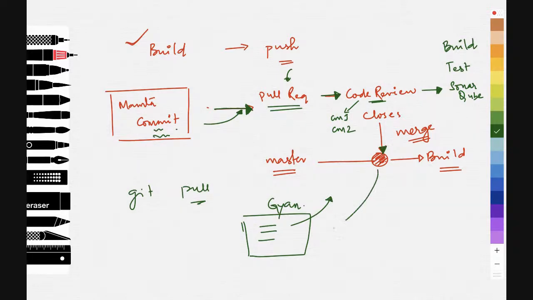You first need to pull Mamta's changes, and then only you would be able to push your changes to the central server. So this is called git pull. Git pull takes delta code changes from remote to local. From remote to local. That is called git pull. This is a different pull.